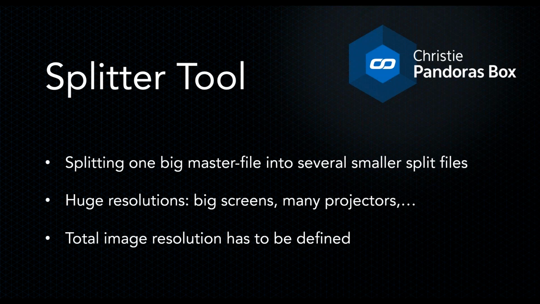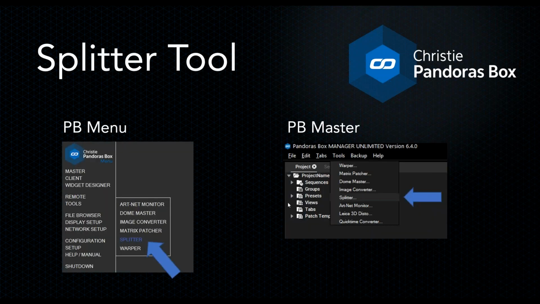Where can you start this application? There are two ways. First is via the PB menu here on the left side. You go to Tools, and at the bottom you can see the splitter tool, provided that you have selected the Pandoras Box version under the configuration beforehand.